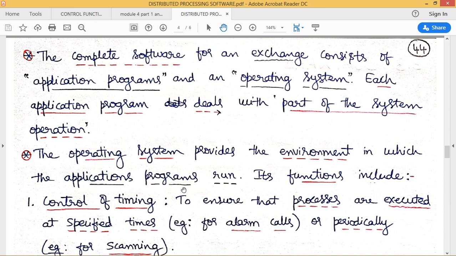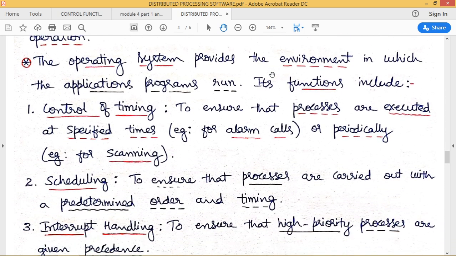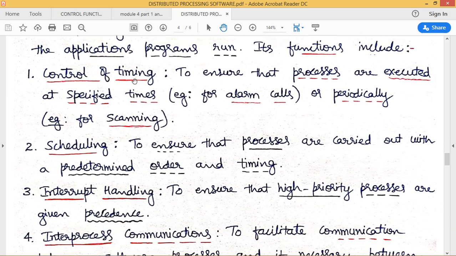So these application programs must run inside a particular operating system. So let us deal with the different functions that are associated with the application programs running inside an exchange. First, let us deal with control of timing.